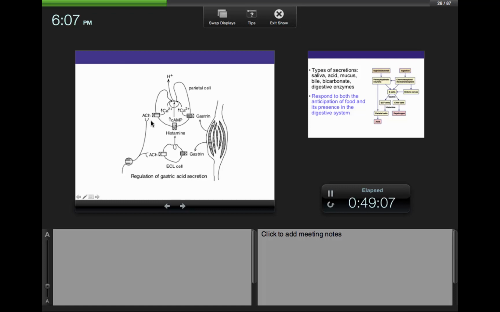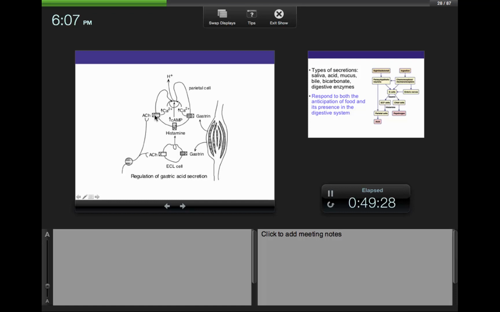Acetylcholine, all by itself, produces a little bit of acid. Gastrin, all by itself, with nothing else on board, produces a little bit of acid. Same with histamine. If acetylcholine and gastrin weren't there, it would produce a little bit of acid.